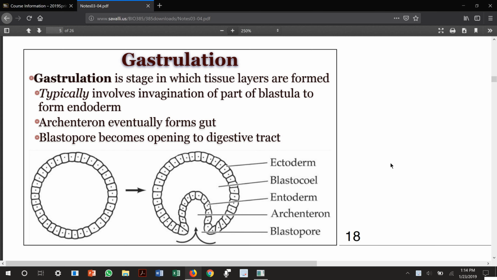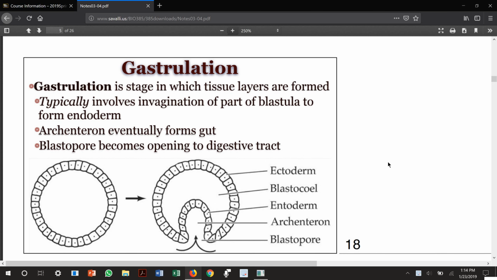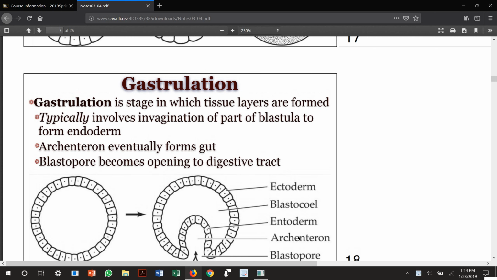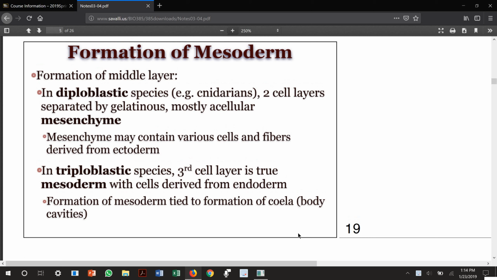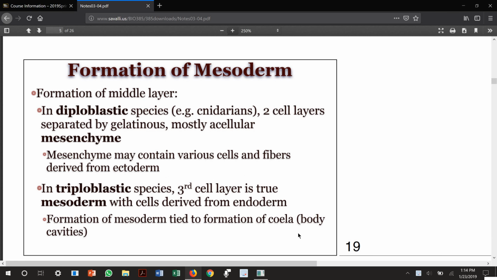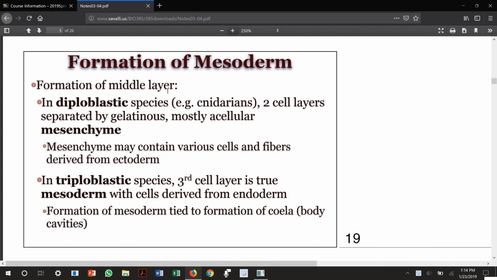So now we're starting to form some of the basic features we might find in an organism. The endoderm and ectoderm, the basic germ layers or tissue layers, the basic gut here, and an opening, a mouth, you might say. All right. So in diploblastic species, that's kind of where you stop.